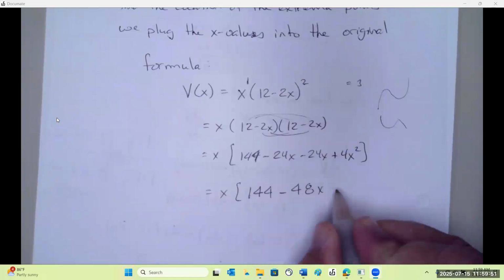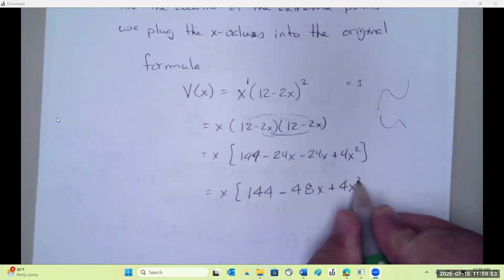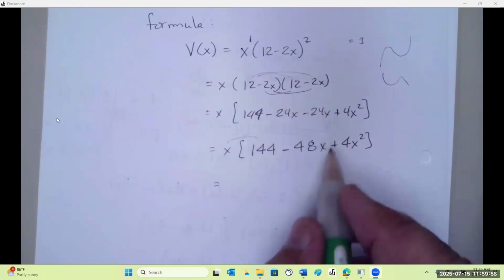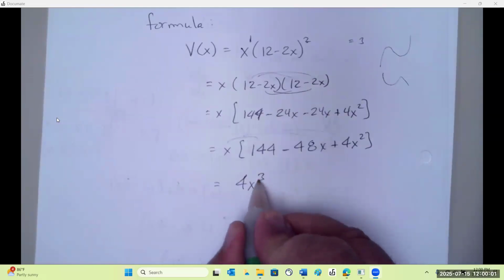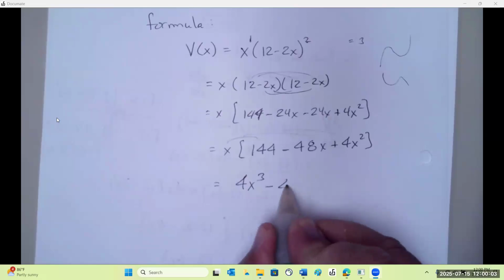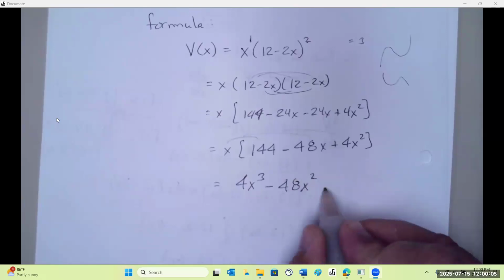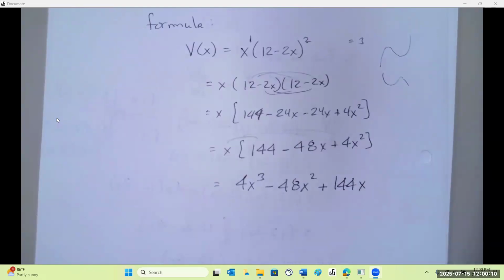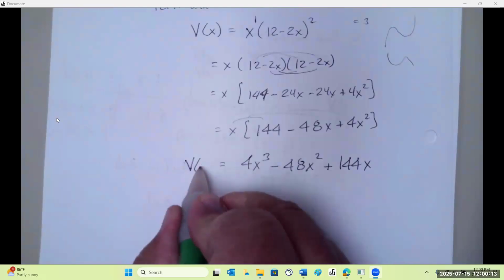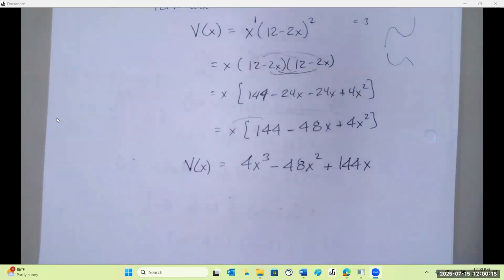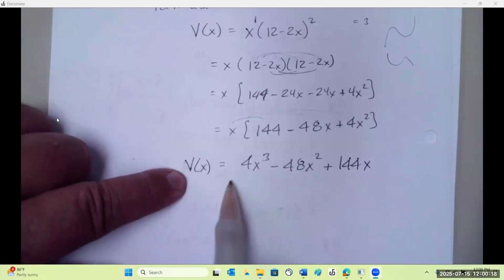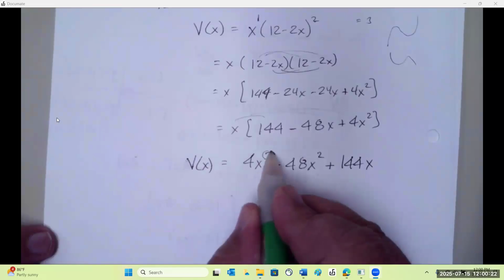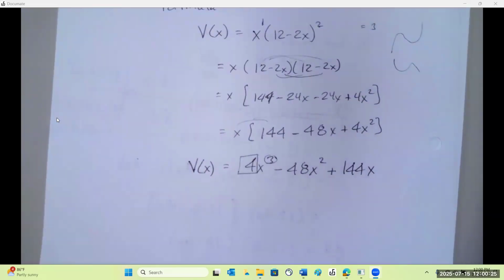Twenty-four is 48x. Distribute, we get 4x cubed minus 48x squared plus 144x. Now, we didn't need to do this. I just did this so we can see whether it's increasing or decreasing. It's a cubic function. Now we know it's positive.